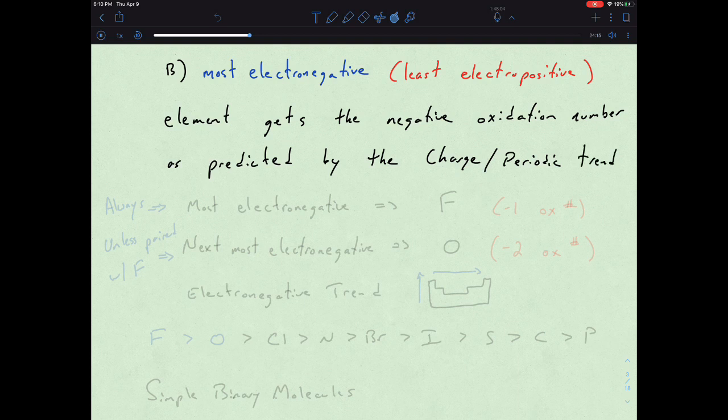So if we look at the most electronegative element, it would be fluorine. And fluorine always has a -1 oxidation number.